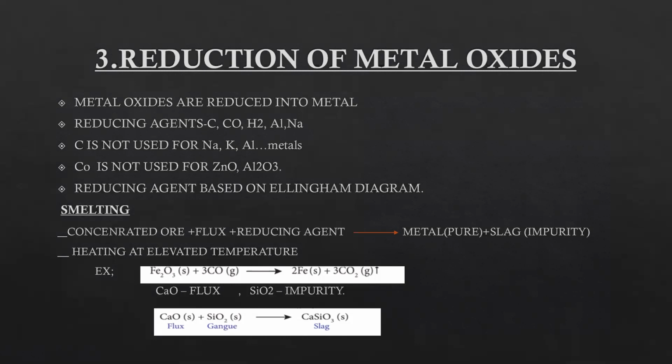Carbon is not used as the reducing agent for active metals like sodium, potassium and aluminum. Carbon monoxide is not used as the reducing agent for zinc oxide and aluminum oxide. How we select the reducing agent for a particular metal oxide is using the Ellingham diagram. I will explain that Ellingham diagram in an upcoming video.